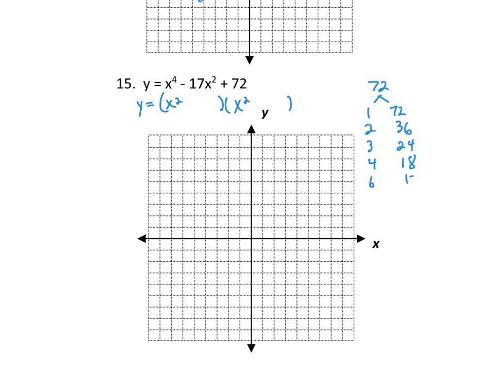Yeah, 6 and 12. 7, no. 8 and 9. And that would be it. All right. So which of these factors will multiply to positive 72 but add to negative 17? And that would be negative 8, negative 9.